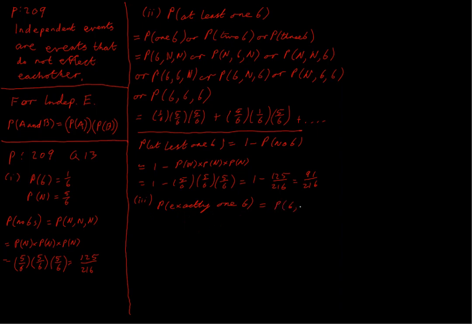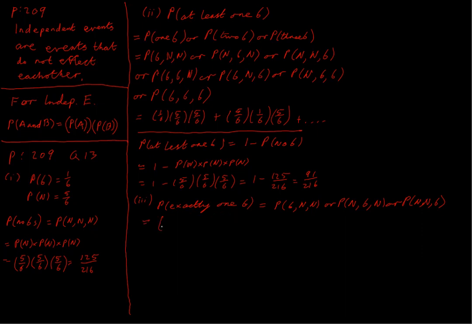We could have a 6 the first time and then not get a 6, not get a 6, or the probability of not getting a 6, then getting a 6, then not getting a 6, or we could get not a 6, not a 6, and then get a 6 on our final throw of the dice. And those are the 3 different ways that we could meet that criteria.